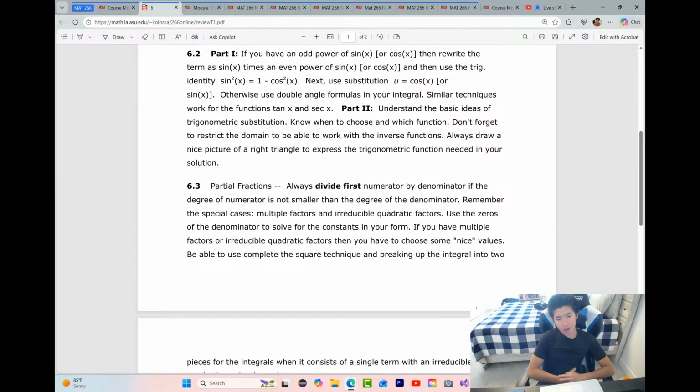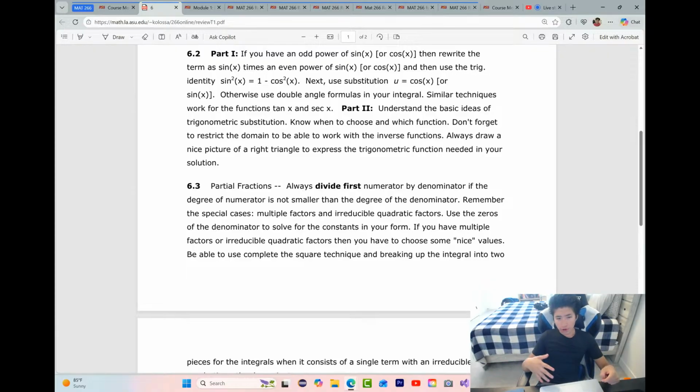6.1. If you have an odd power of sine or cosine, so let's do it this way. If you have an odd power of sine of x, rewrite the term as sine of x times an even power of sine of x.